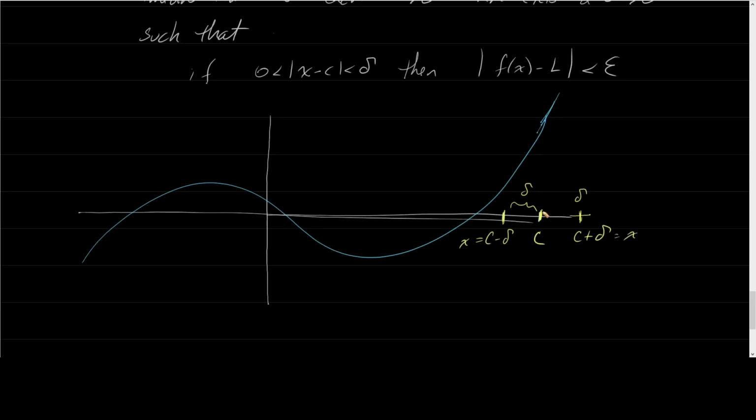Now, this value up here is going to be our limit L, and what we're saying is that L is some epsilon away from our function. So here we're saying this is epsilon and this is epsilon.